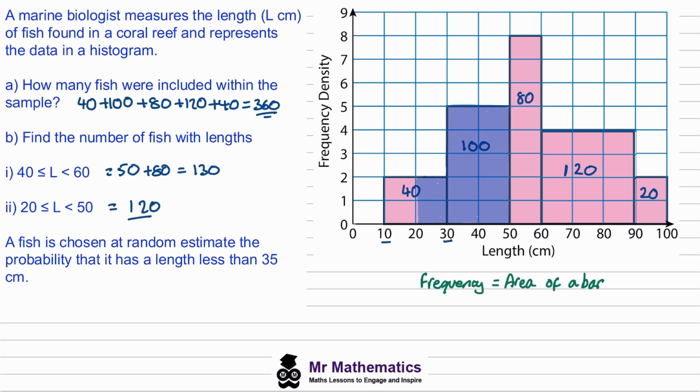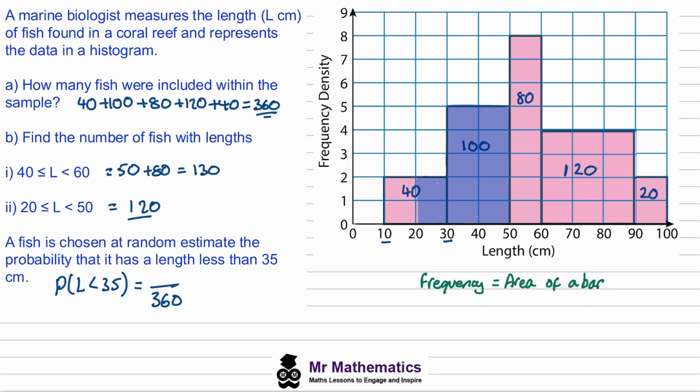And then we're asked that a fish is chosen at random and to estimate the probability that it has a length less than 35 centimeters. So we've just worked out that there's 360 fish in total. So the probability of a length being less than 35 will be out of 360 fish.